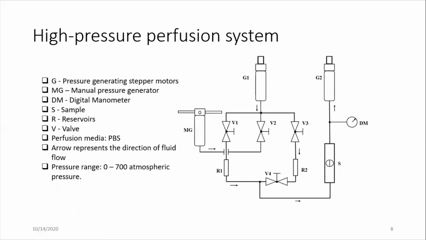To simulate the high pressure environment, we have developed a system known as the high pressure perfusion system, and this system contains two pressure generators, several valves, pressure tubings, and fluid reservoirs. It can provide us pressure ranging from 0 to 700 atmospheric pressure.